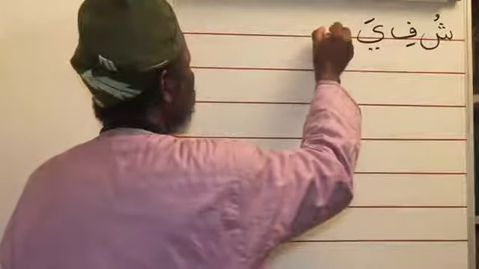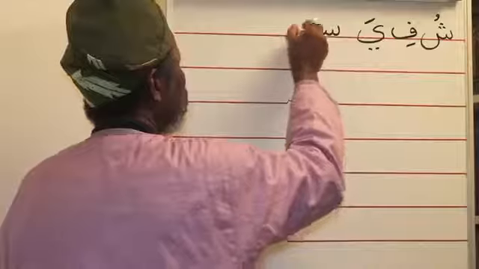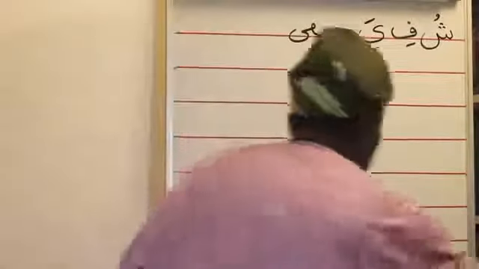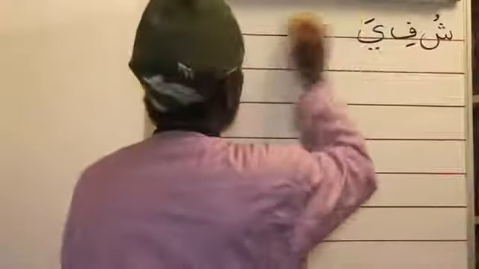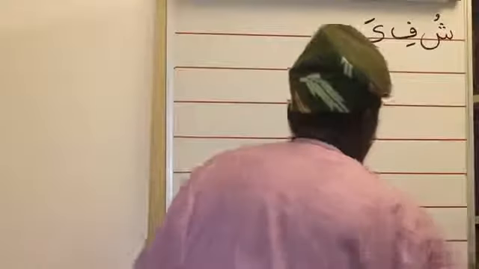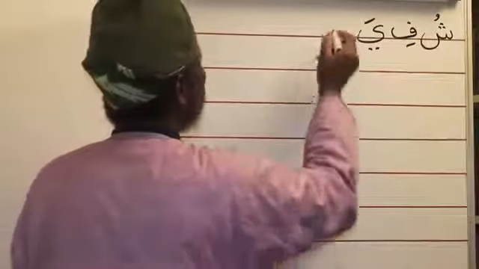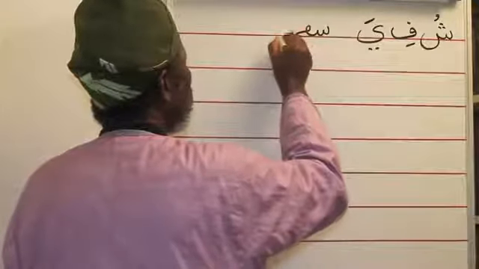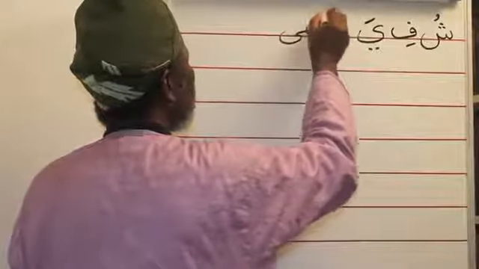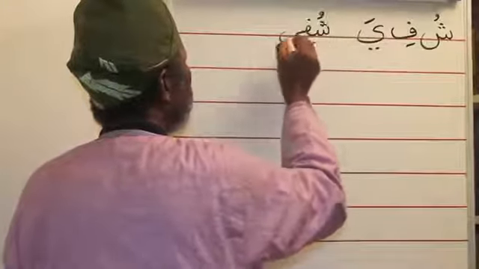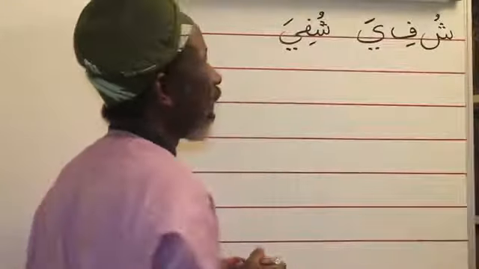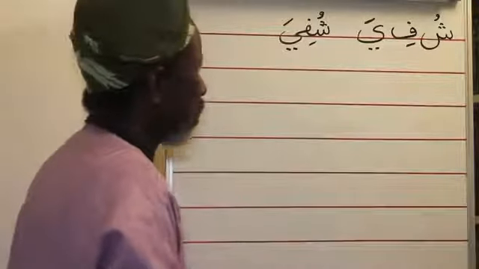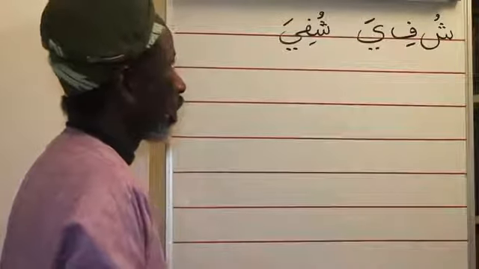Join nicely, continue. Let's write that Ya in a different format at the end to make sure that you see what's going on. Shufiya, so write Shu, Fi, Ya. Go back, put your vowel, Shufiya. That's Shin, the beginning.